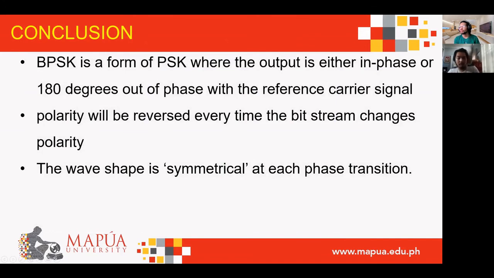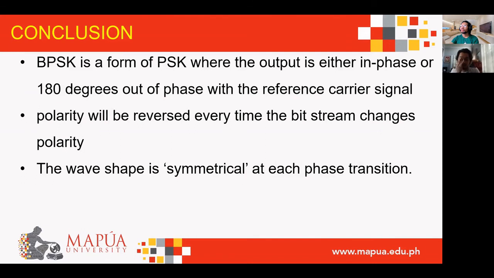So to conclude this project, BPSK is a form of PSK where the output is either in phase or 180 degrees out of phase with the reference carrier signal. The polarity will be reversed every time the bit stream changes polarity.